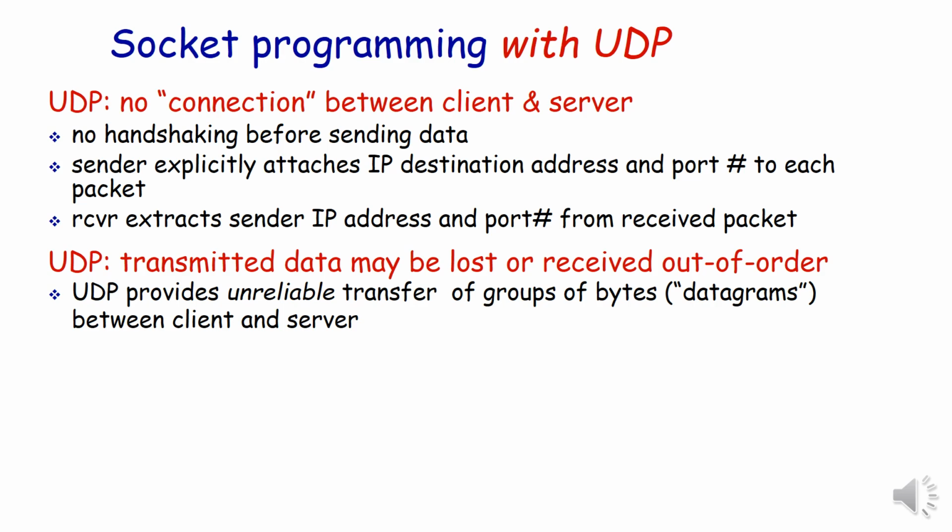These are the drawbacks of UDP, and some application programs work under UDP where no reliability is ensured and there is no guarantee of delivery of packets, and the received packets may be out of order also. UDP provides unreliable data transfer of groups of bytes, that is datagrams, between client and server.